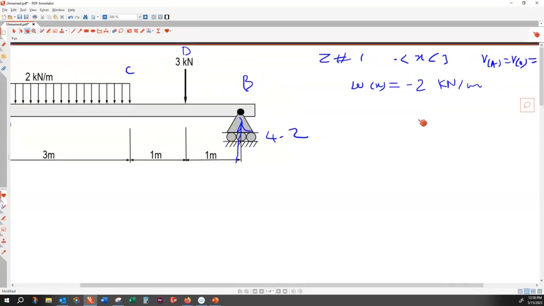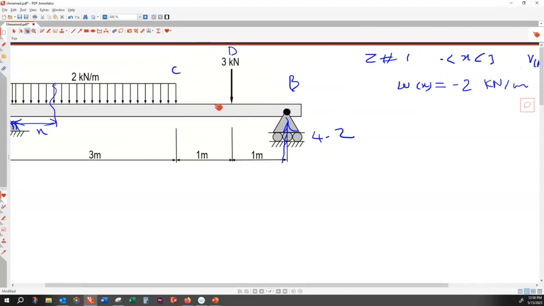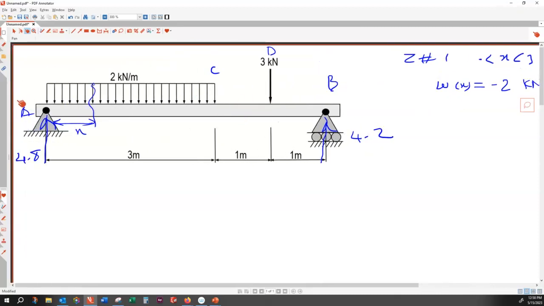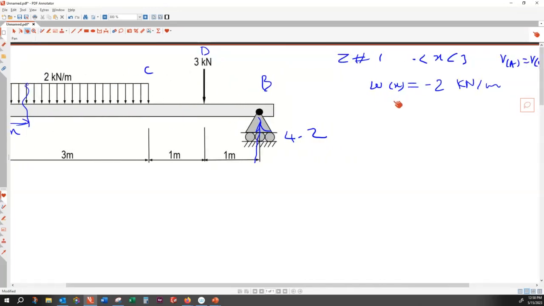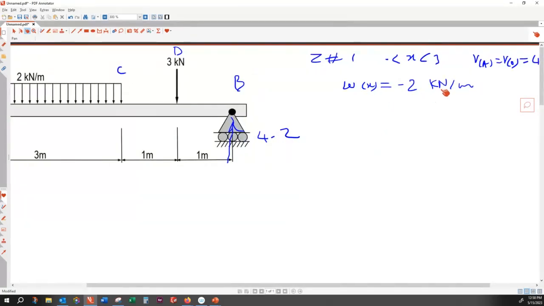And the reason I put this minus 2 is because this is pointing down and this is constant. If that was a linear distribution, we had a line. If that was a quadratic, you would have a second order equation. So in this case, because it's a constant negative number, W of x, the intensity, is minus 2. We discussed that in week 9, 10.